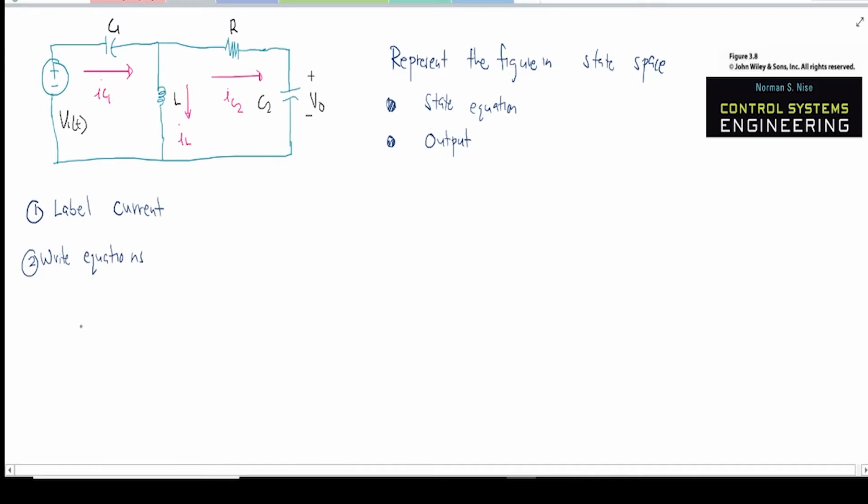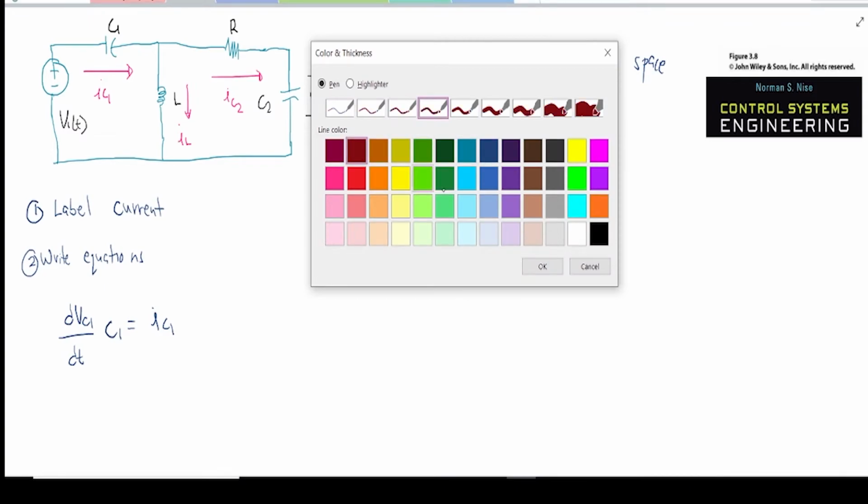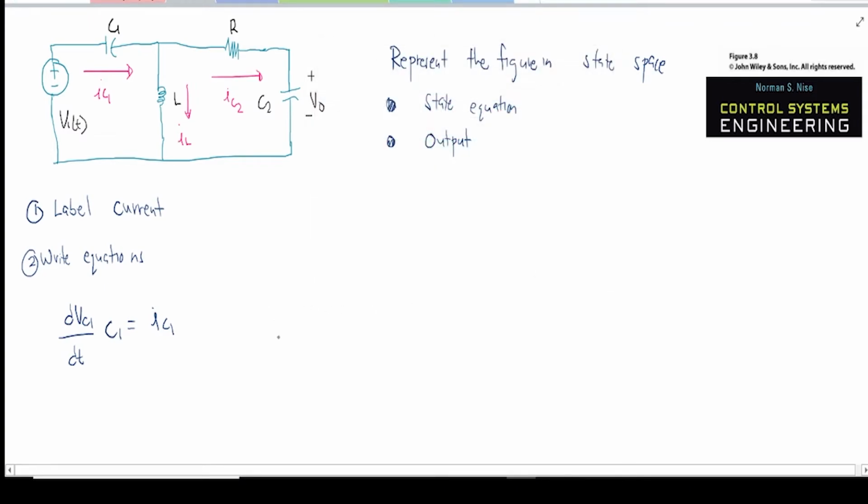I'm going to write the equation for the current of capacitor 1. The next equation would be for the inductor, the voltage drop in the inductor.